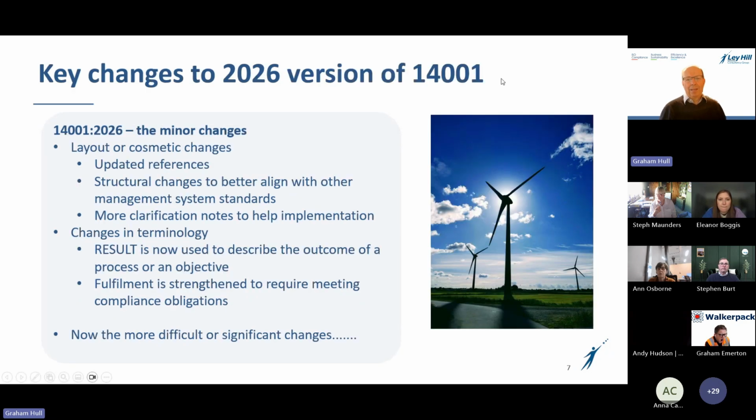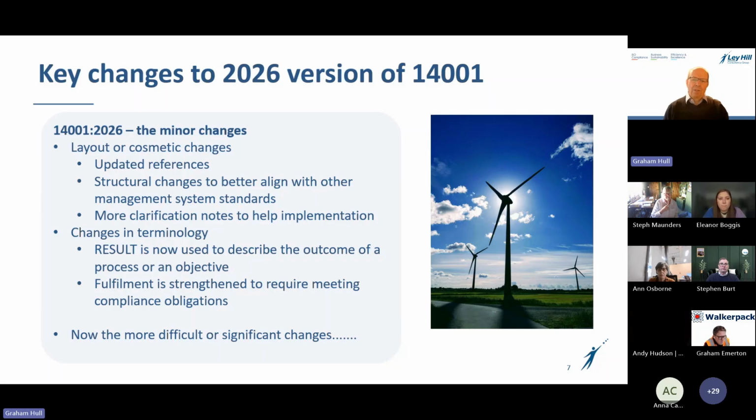But what I want to talk about in a little bit of detail, probably for the next 5-10 minutes or so, is just some of the changes to the 2026 version of 14001. Some of them are very straightforward and simple, as you see there on the slide here. There's a lot of minor changes, cosmetic changes, layout changes.